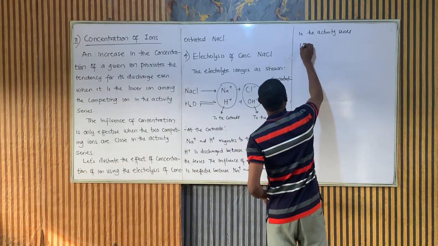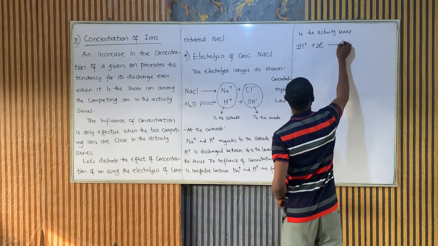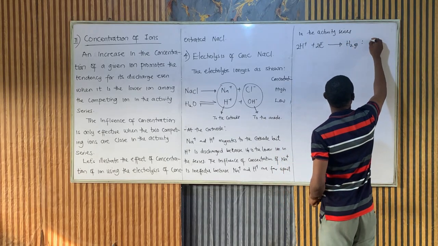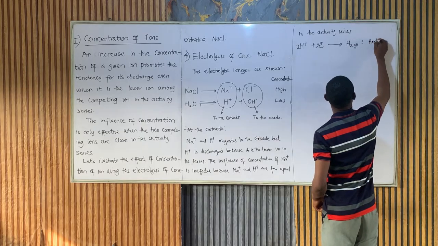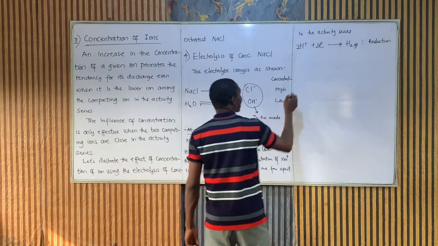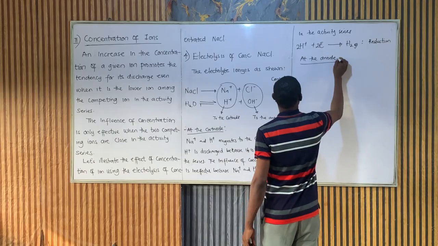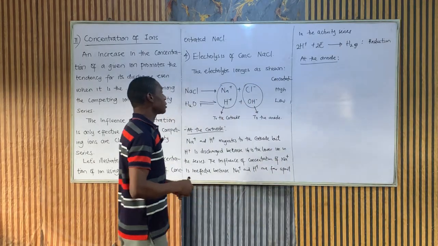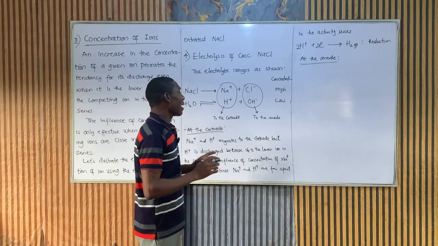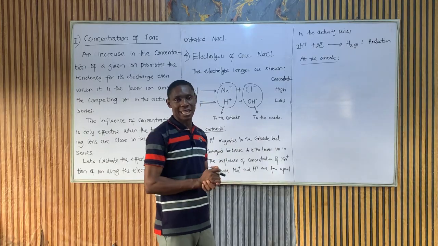So we are going to have 2H plus plus 2 electrons giving hydrogen, because it must be a gas. And this is known as what? Reduction. So reduction often occurs at the cathode. Now let's look at the anode. At the anode, chloride and OH minus migrate to the anode. Now, chloride has high concentration and is discharged actually.